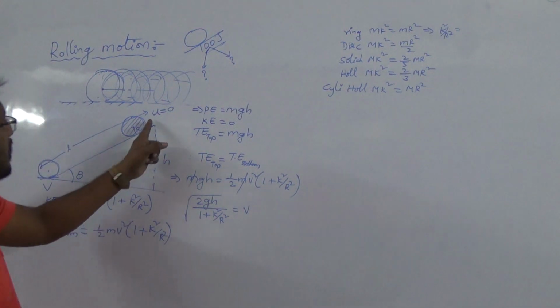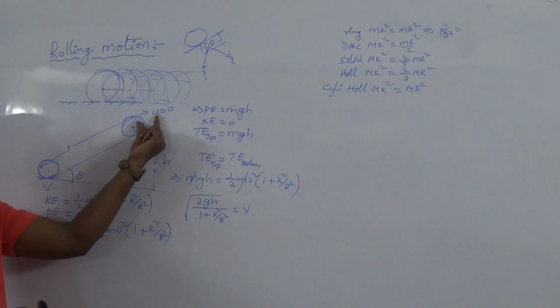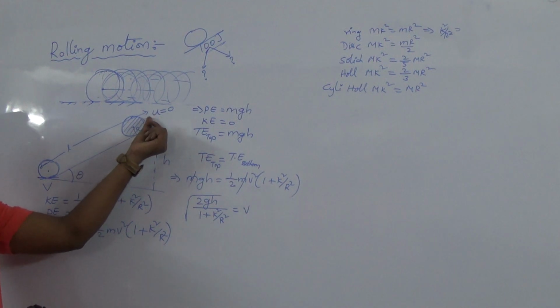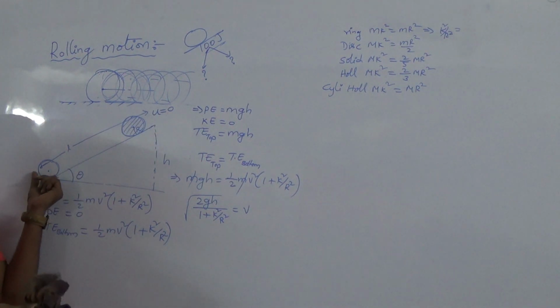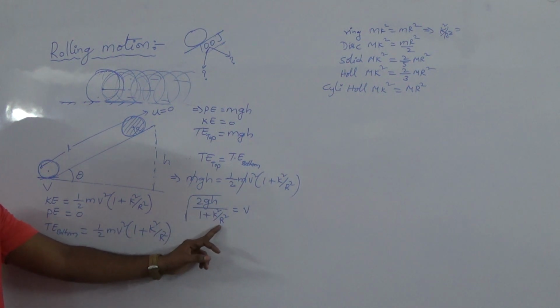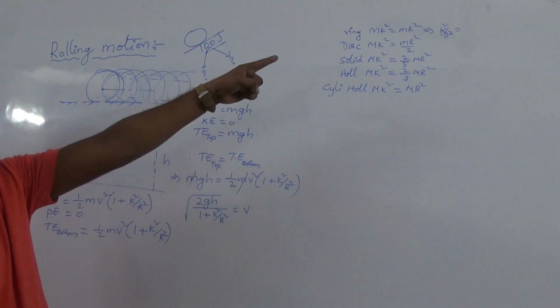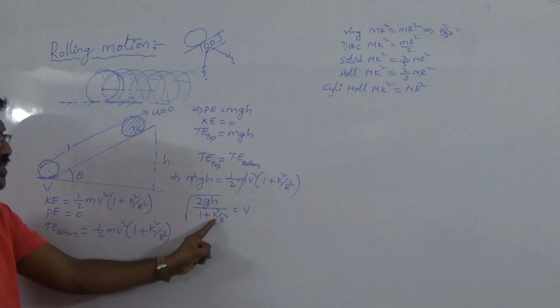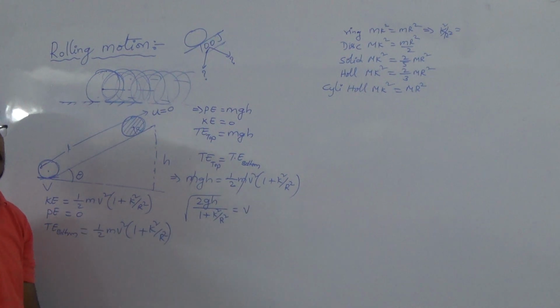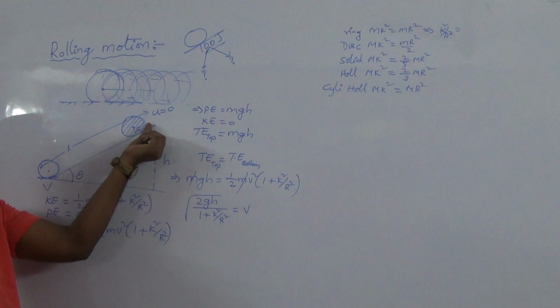For example, a ring is dropped from the top of the inclined plane. When it reaches the bottom, what is the velocity? You use the formula v equals the square root of 2gh by (1 plus k square by r square). What is the value of k square by r square for the ring? It is 1. Substitute here and you get the velocity. Or a solid sphere is dropped from the inclined plane.